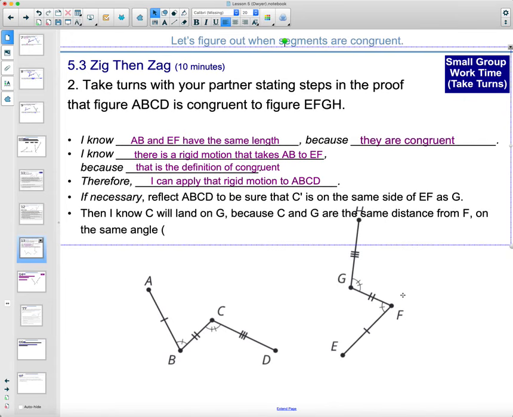And how do you know that? Because now when you put this over here, B is on F and angle B and angle F are equal, or congruent. So now you made sure C was on the same side. Now you know C is going to land on G because angle F and angle B are the same.